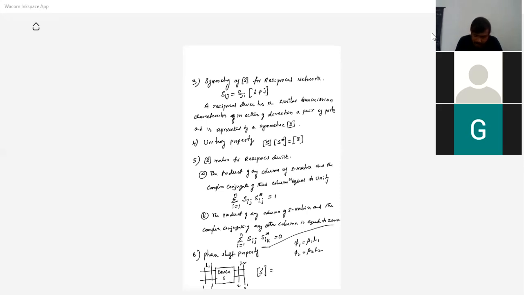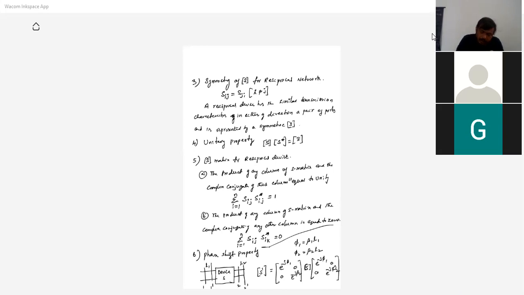So S dash is equal to the matrix with e power minus j theta 1, 0, 0, e power minus j theta 2, into S matrix, into e power minus j theta 1, 0, 0, e power minus j theta 2.